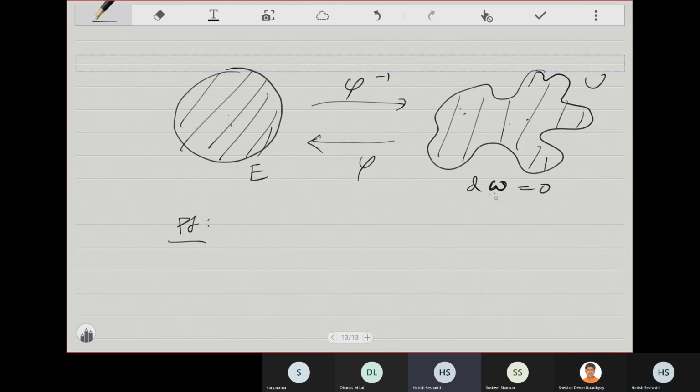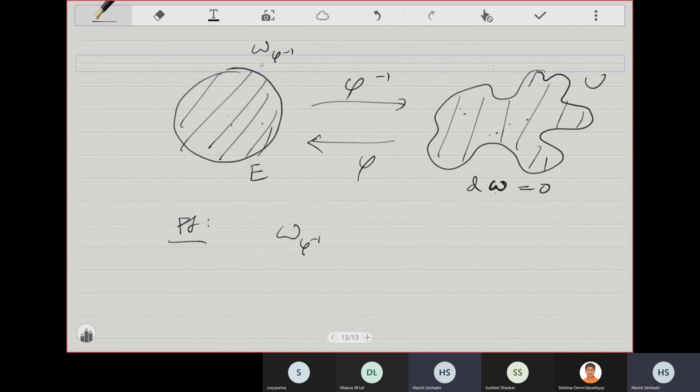Pull back by phi or phi inverse? Well, you want to go to E, right? So phi inverse. The pullback map goes in the opposite direction to the original map. Phi inverse goes from E to here. Pullback will take me from U to E. So you can pull back omega to get a form here.